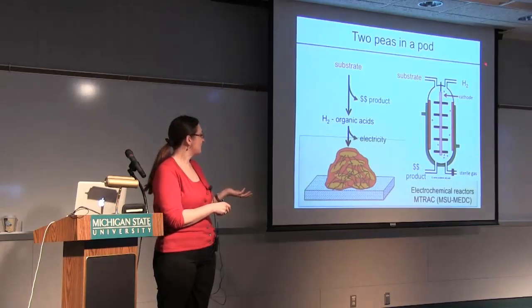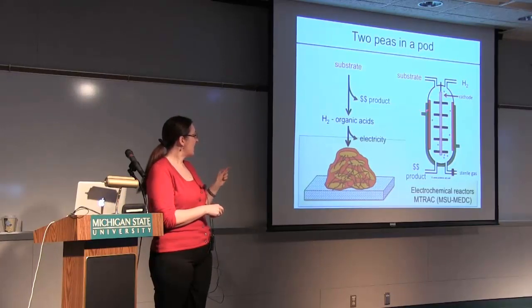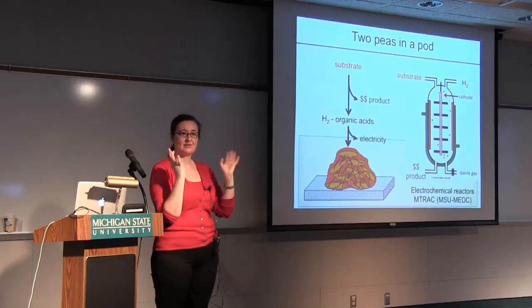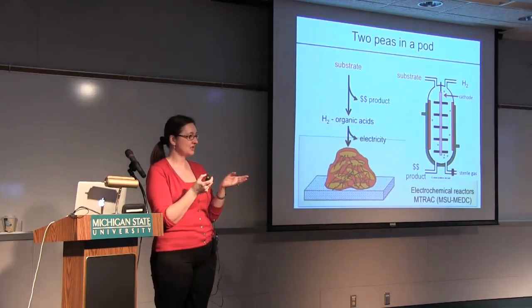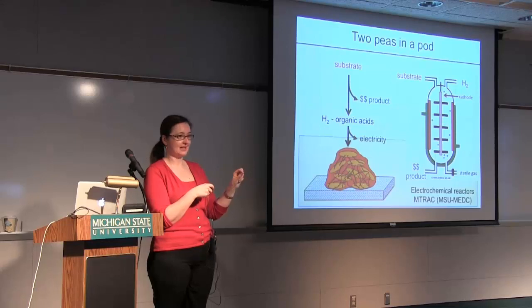And this is just an example of a typical fermenter that we use. We have our electrogenic microbe growing on an electrode, and we actually wrap around the electrode so nothing interferes with the volume of the fermentation. And in this particular electrochemical reactor, we have a second electrode, what we call the cathode.